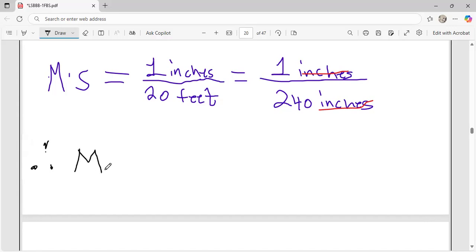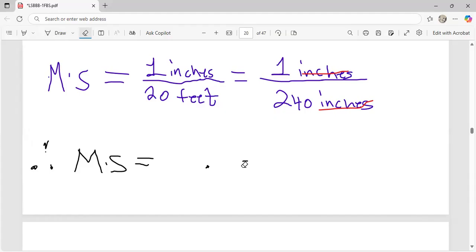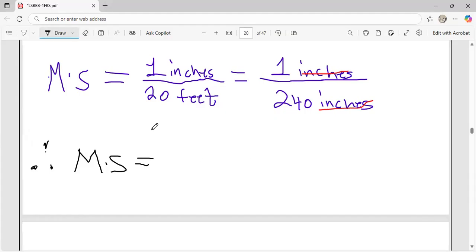Our map scale is equal to 1 is to 240. Or better still, we can also say that our map scale is equal to 1 over 240.